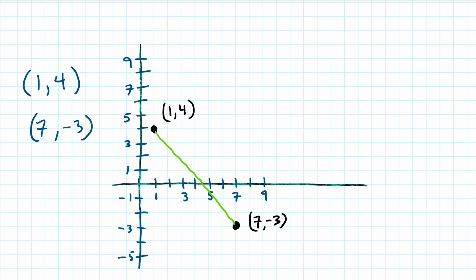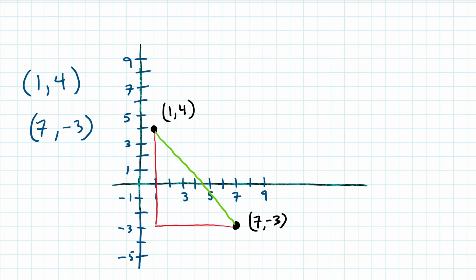So I'm just trying to find that distance. To find any diagonal distance, you cannot just look at it and try to count off squares or whatever have you. So what we're going to do is drop a vertical line straight down. That'll match up with the horizontal line coming from the other point.